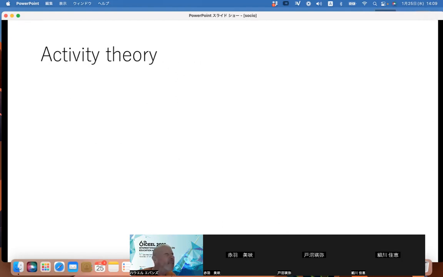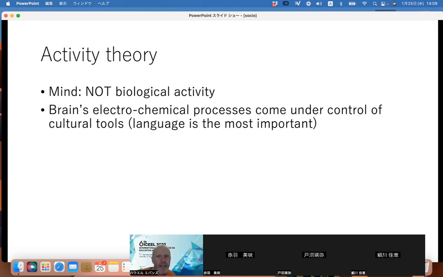Okay, and this relates to what's called activity theory. I'll just go through this very briefly. With activity theory, the idea is the mind, when we talk about the mind, it's not just some biological thing. The activity of the brain, which may be biological, is coming under control of cultural tools. So we're controlling the activity of the brain, structuring the way we think.